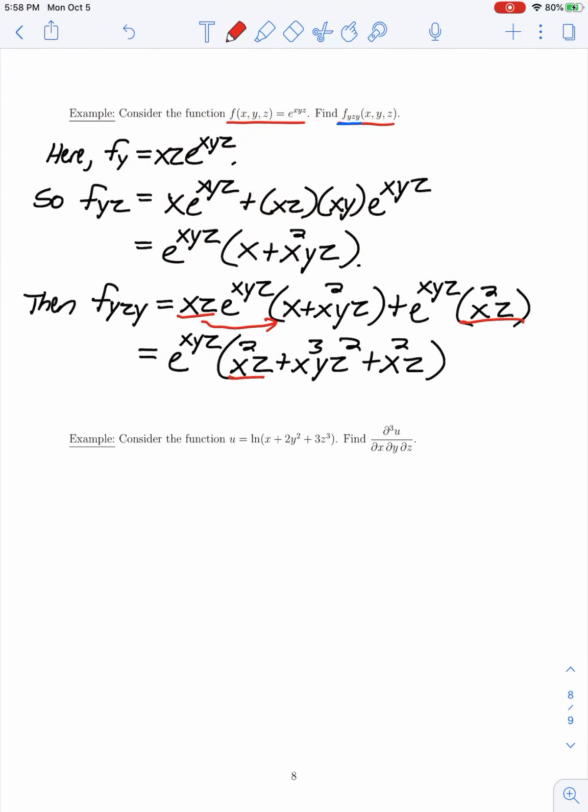And finally, combining these x squared times z terms, I have e to the xyz times 2x squared z plus x cubed yz squared.